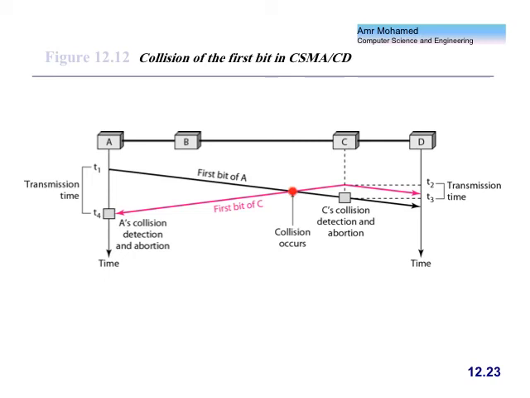So this is when the collision first occurred. C will detect the collision at this point, at time T3, and A will detect the collision at time T4.